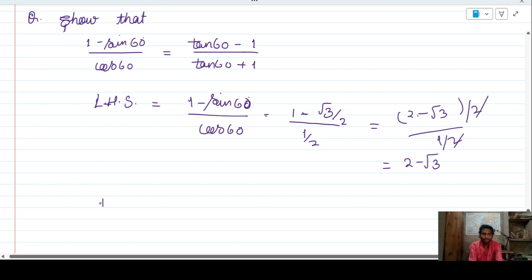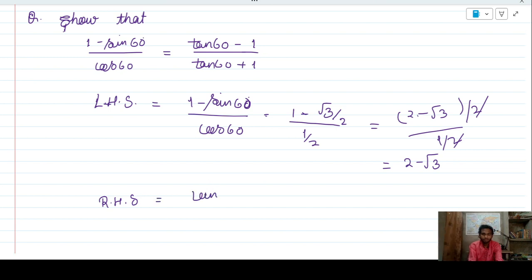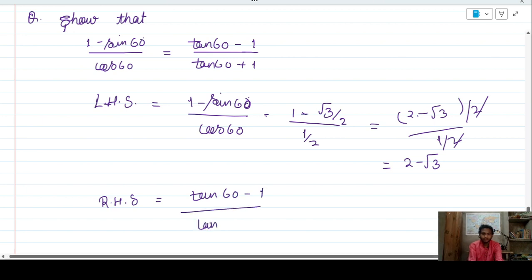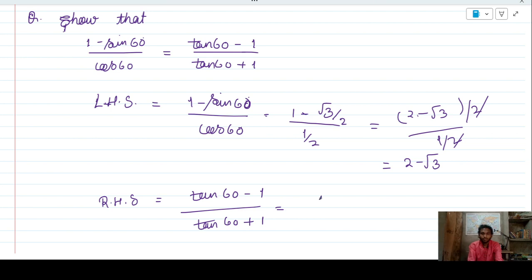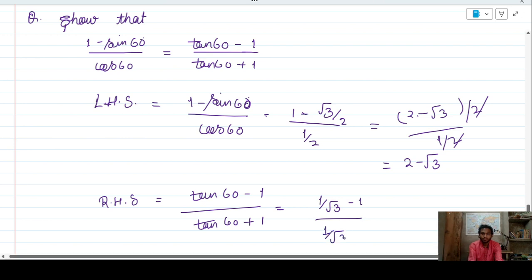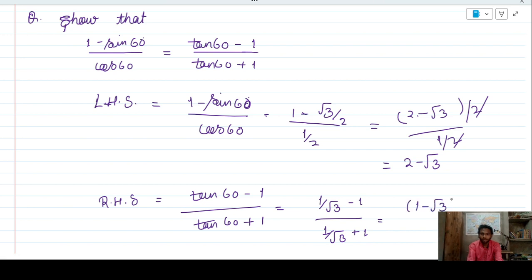Also again write the right hand side: tan 60 minus 1 upon tan 60 plus 1 equal to root 3 minus 1 upon root 3 plus 1, which is 1 minus root 3 upon root 3 divided by 1 plus root 3 upon root 3.